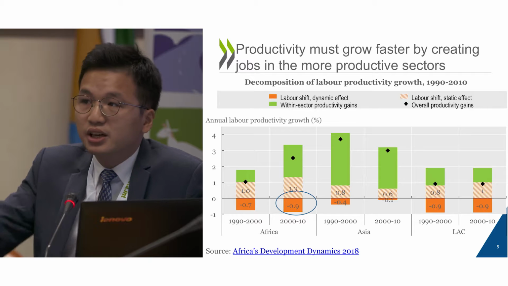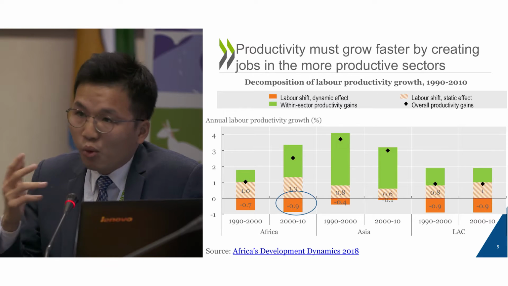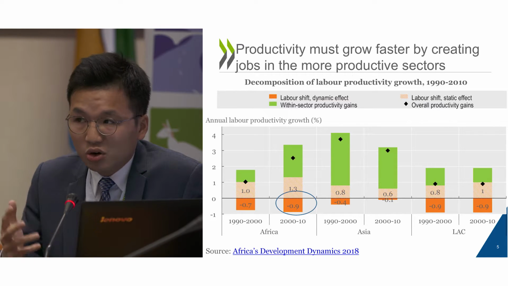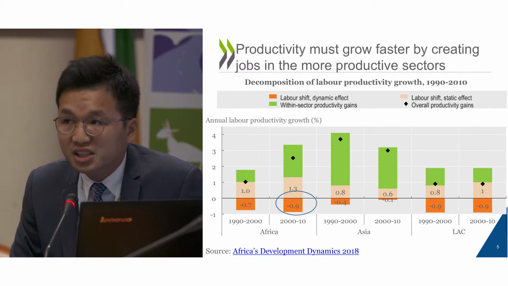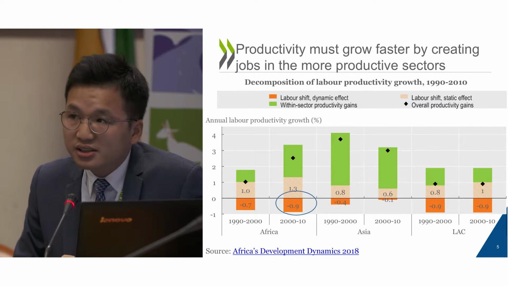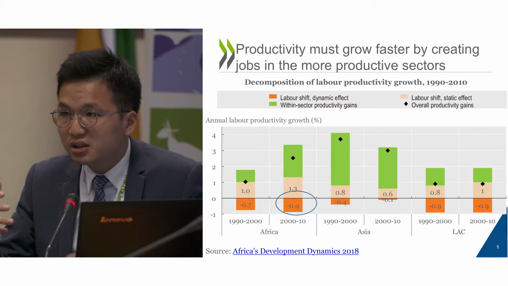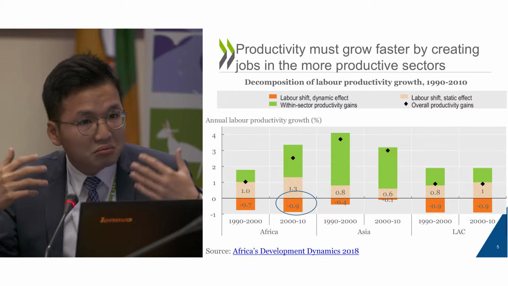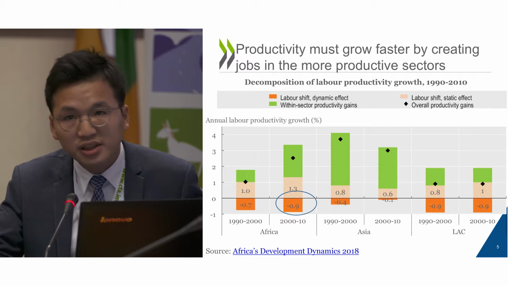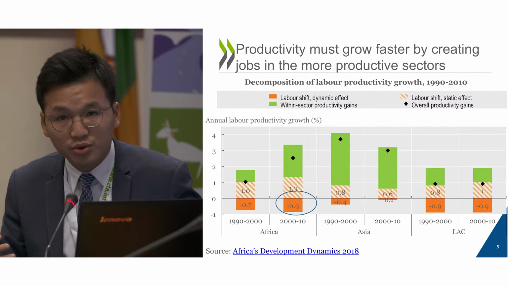As we look further in the long term, what is the driver of growth and development? One of them is productivity. Here, as you can see, there's a graph that decomposes labor productivity by whether it comes from within-sector change or from structural transformation.